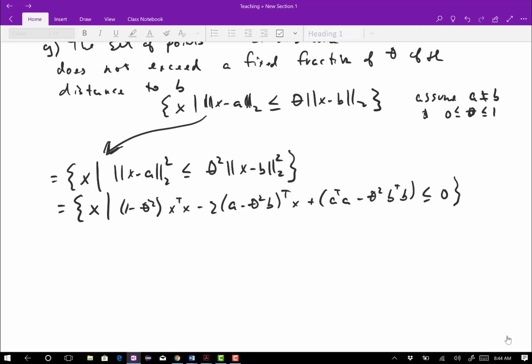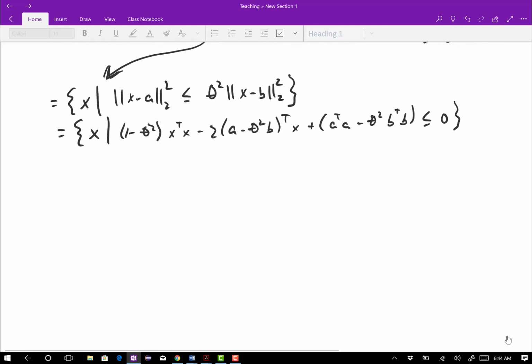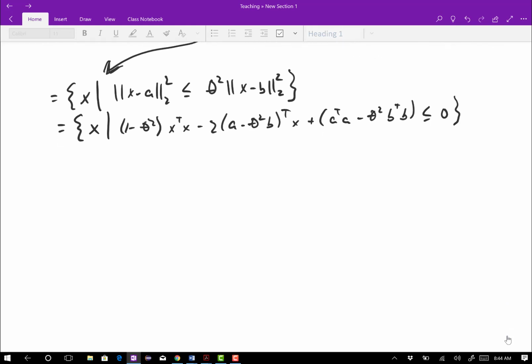And we can look at two cases that will encompass all the possible cases here. In the first case, if theta is equal to 1, then this is a half space.